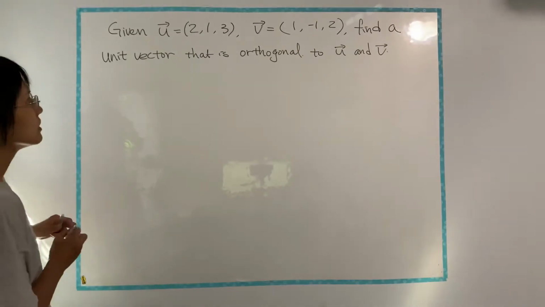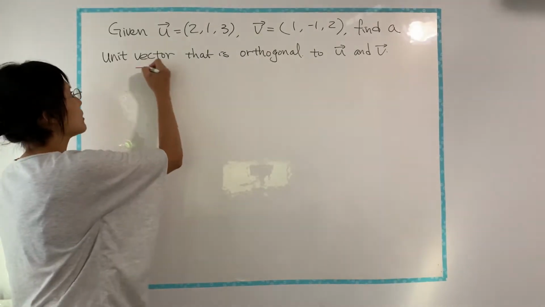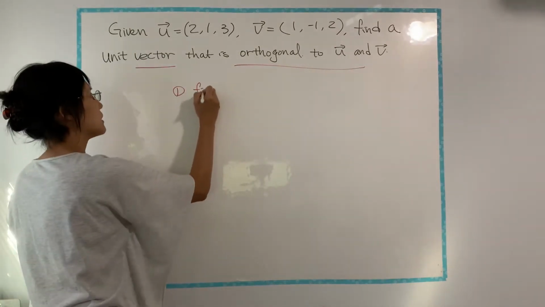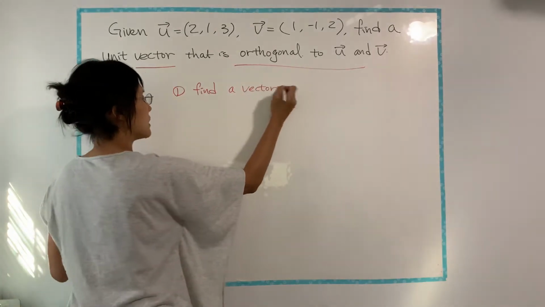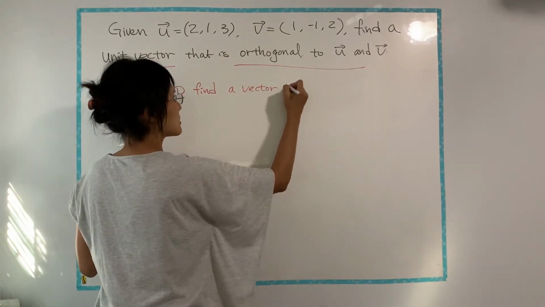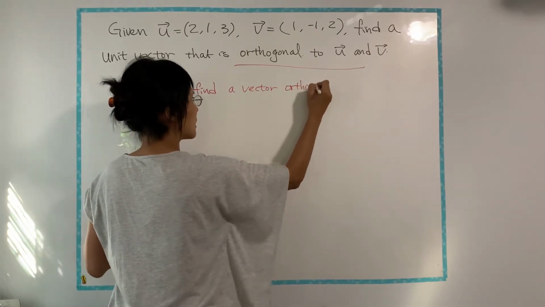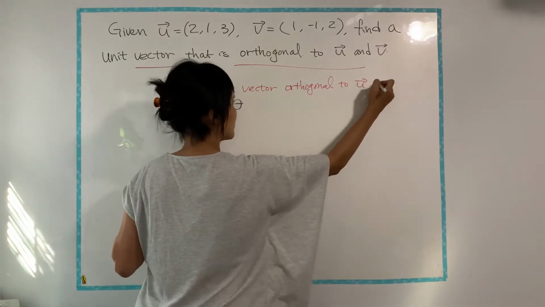Okay. So we know how to find a vector that is orthogonal to U and V, right?